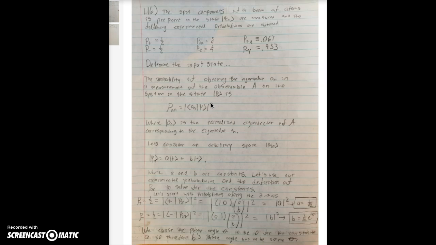So let's consider an arbitrary quantum state where we have our eigenvectors and our two constants out in front representing the relative phase. So let's use our experimental probabilities in the definition of the probability of an eigenvalue an to solve for these constants.